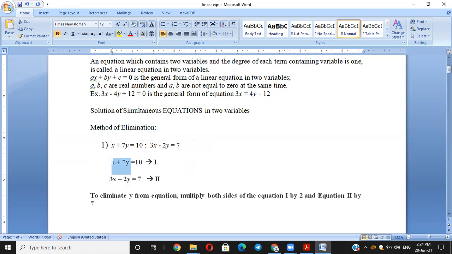Left hand side is x plus 7y, right hand side is 10. I cannot just multiply 2 to only 7y. I cannot just multiply a number to only one term. If I want to multiply a number, I will multiply it to the whole equation. That is, I will multiply the number to the left hand side and also to the right hand side.